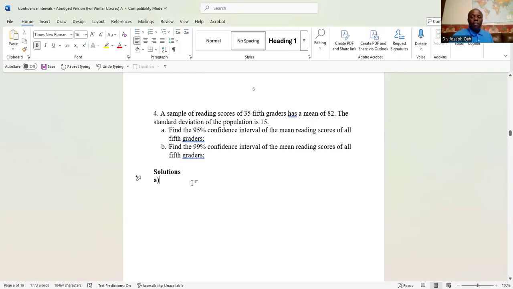So the first thing is to get our statistics. We are told that the sample size n is 35. The sample mean, x bar, equals 82.